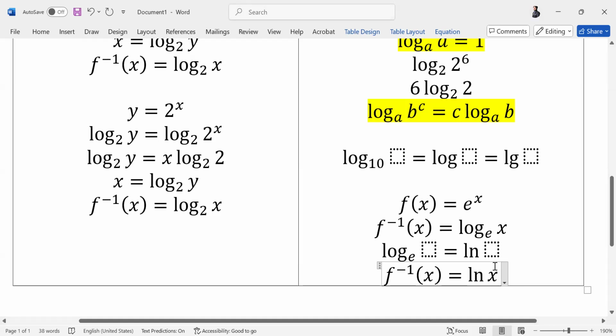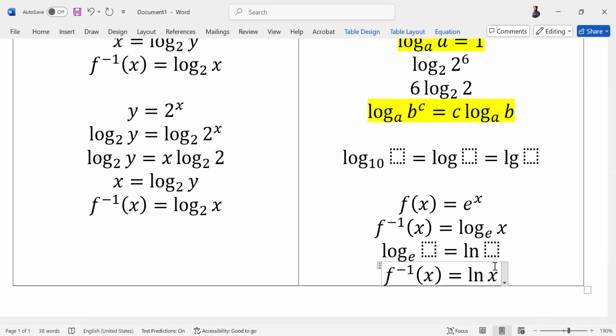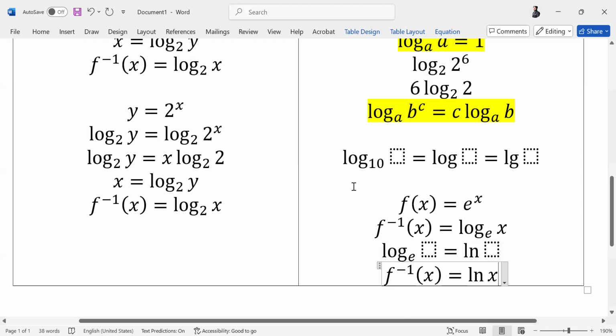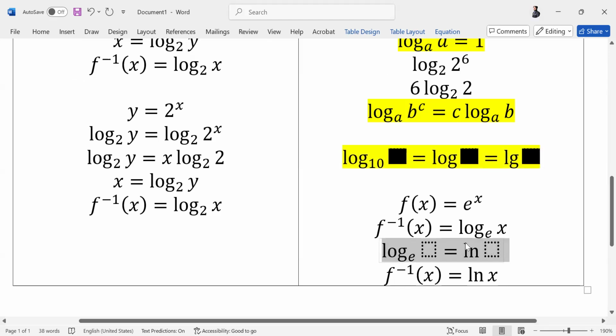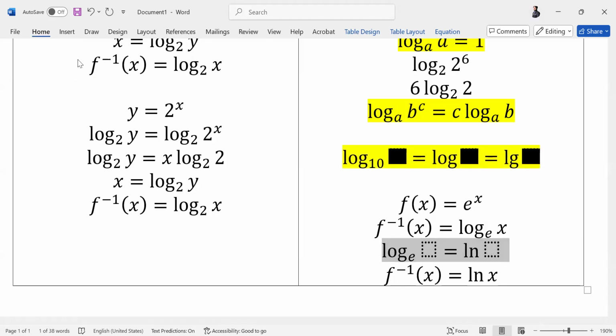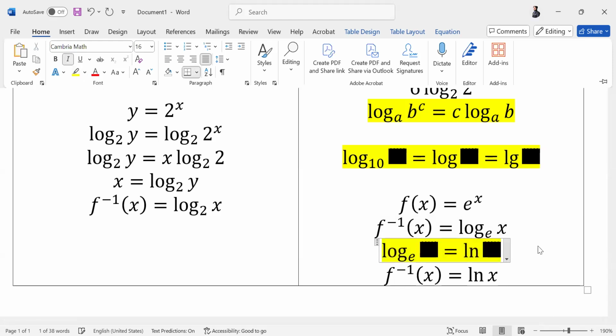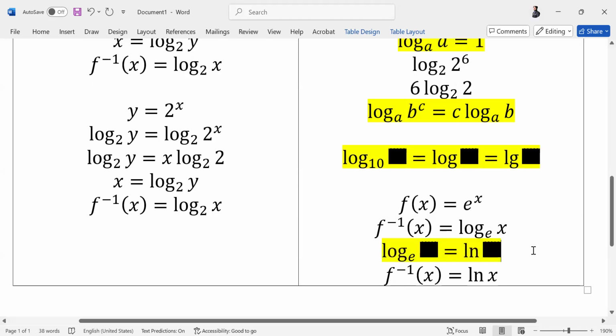So log to the base e will be written as ln. So these are the four things that we have currently studied about log. Right? Clear?